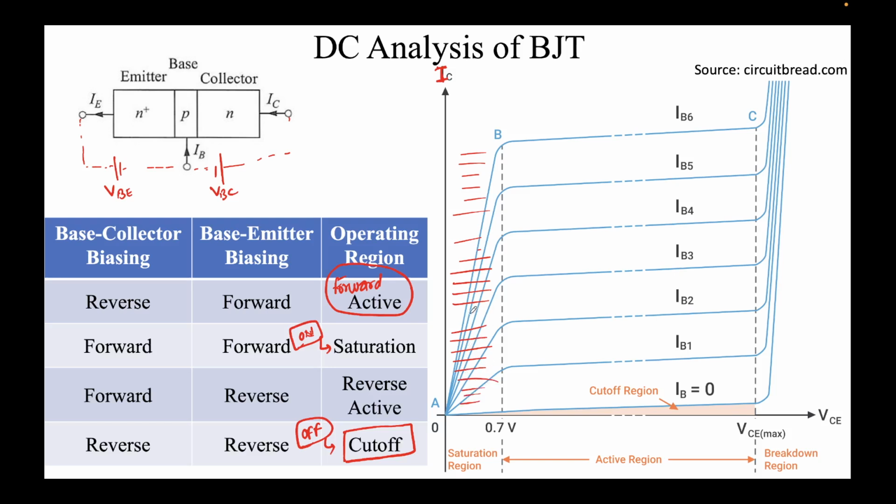This is when the device is on. You can see the current is 0 here, but the device is on over here. And what you can also see is that IC versus VC is a linear relation, right? So it has a resistance associated with that. That's why we say it's behaving like a switch now.